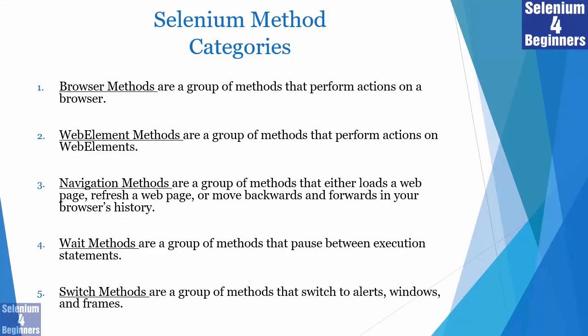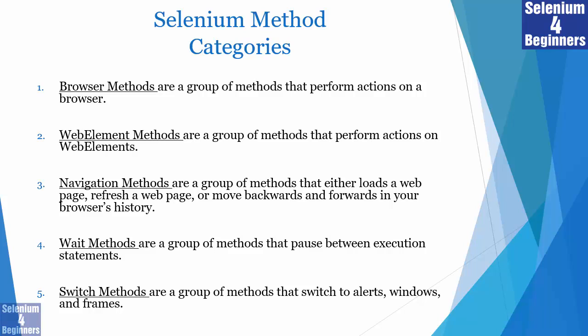Switch methods are the last group of Selenium method categories. We already covered browser methods, WebElement methods, navigation methods, and wait methods. These switch methods are a group of methods that switch to alerts, windows, and frames.